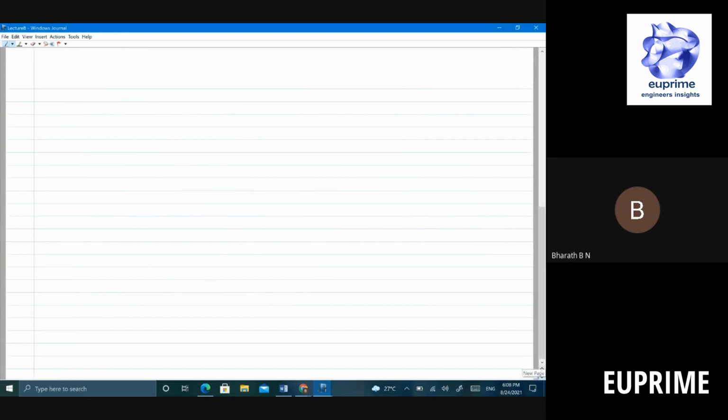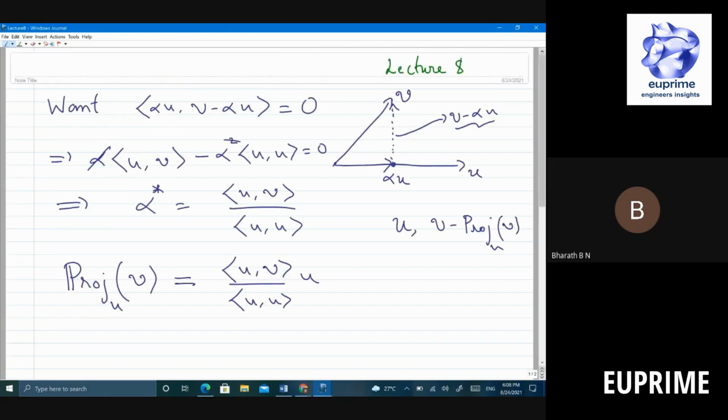Suppose I have 3 vectors. Given, let's say, v1, v2, v3. What is the first step? I should get the first vector. I'll take v1 tilde as v1 itself. Okay. So what should I do for v2 tilde? Exactly what I did before, right? I took v2 and projected onto v1.